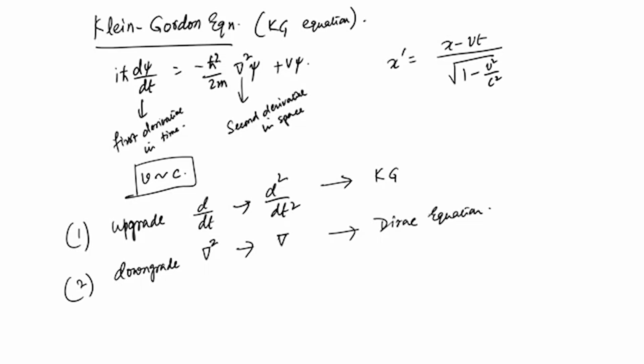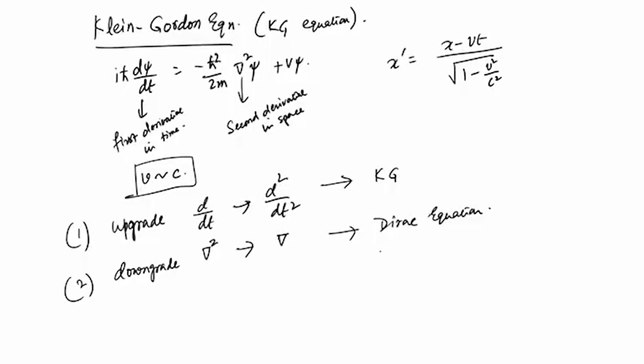Okay. Now, just a priori, this KG equation or the Klein-Gordon equation has a difficulty in its interpretation, because it gives a negative probability density for particles. However, if you interpret it properly, then it actually corresponds to a probability charge density, which can be negative because the charge can be negative. So initially there was a problem with the Klein-Gordon equation, and it was thought to be a perfect description for classical fields such as the electromagnetic field.